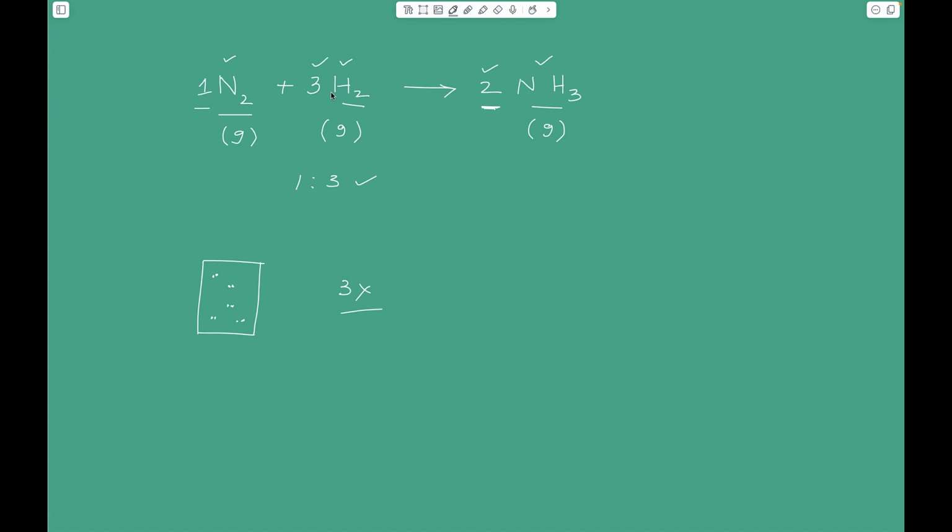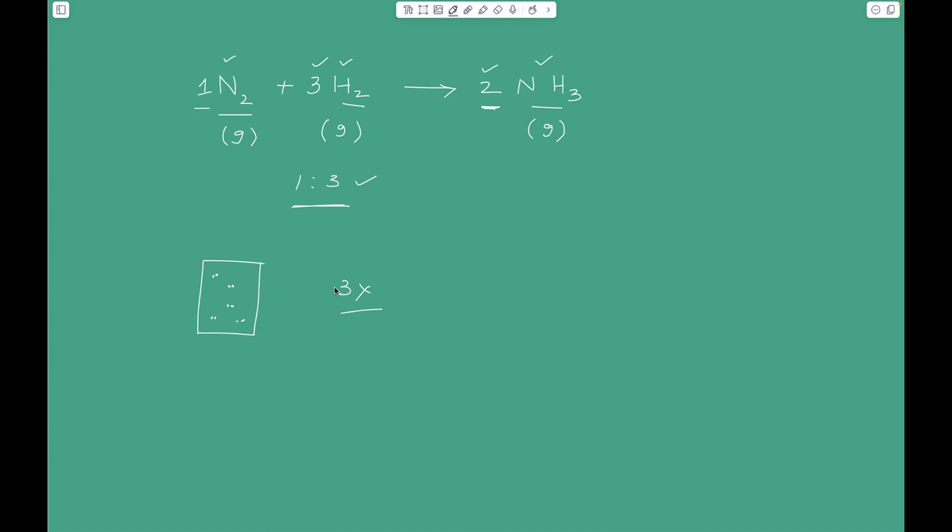So this balanced chemical equation tells me the relative number of particles, in this case molecules, that are completely reacting with one another. And to mix these particles in this proportion, I should be able to count the number of particles present in the samples I have taken. But I cannot count the number of particles, atoms or molecules or ions in any sample.